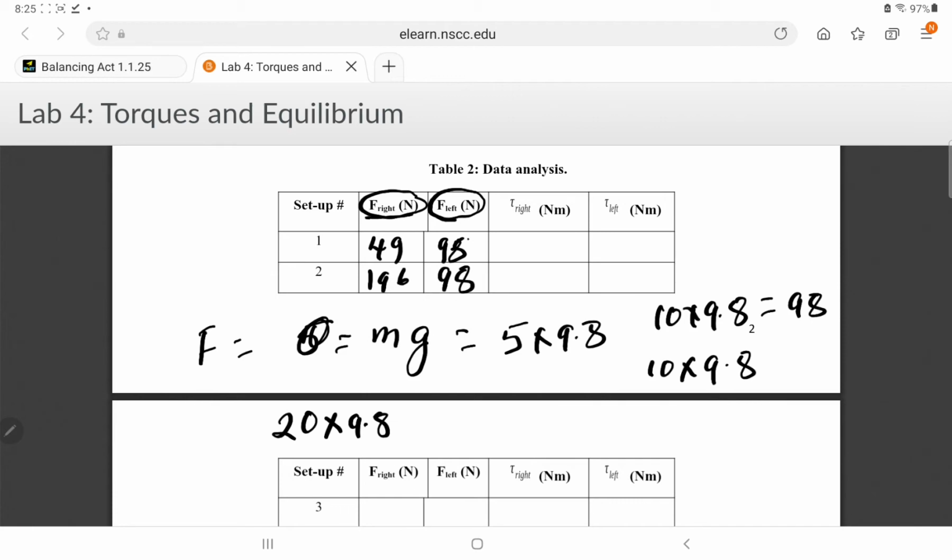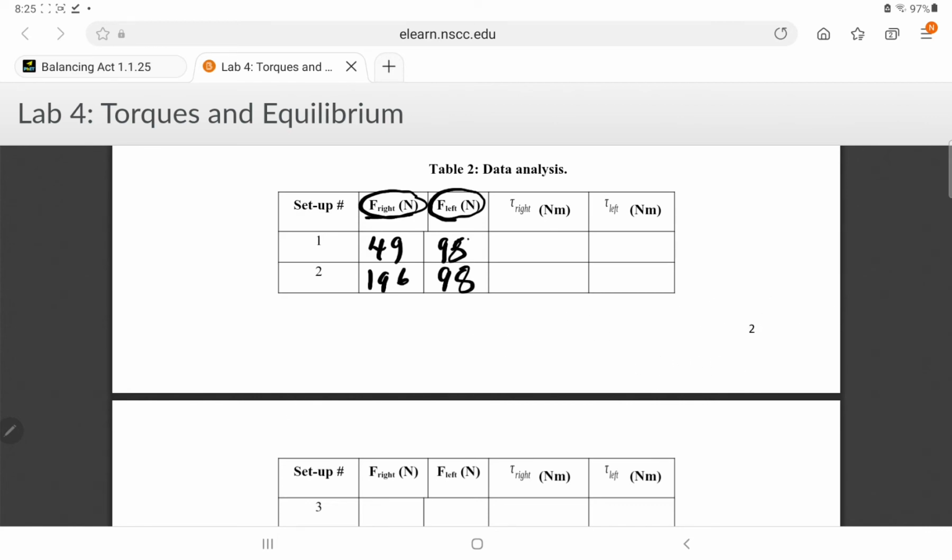Now our goal is to find the torque on the left and the torque on the right. So what is the formula for torque? Tau right is F right multiplied by r right. F right is 49, and for the first data, the distance r right was 1.